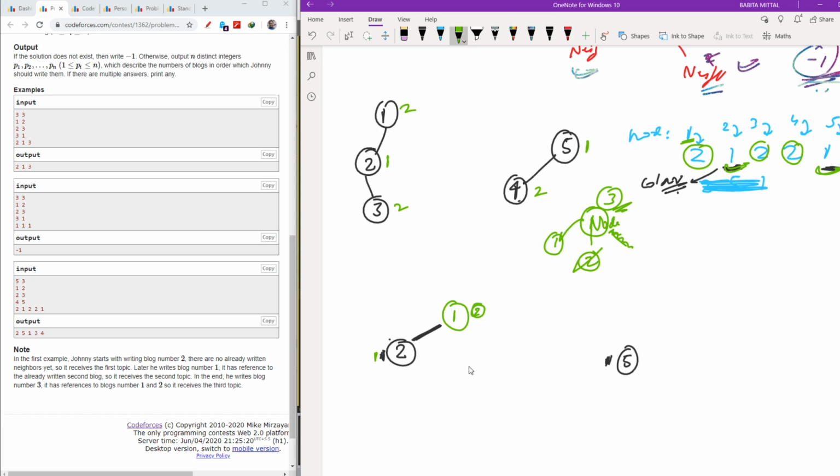Because if 2 is not there, and suppose 4 was here, its reference value would have been 2. So to obtain a reference value at a particular node, it should have all the values from 1 to n minus 1. Understanding? For a node to have its reference value as n, the neighbors it has should include all the values from 1 to n minus 1.